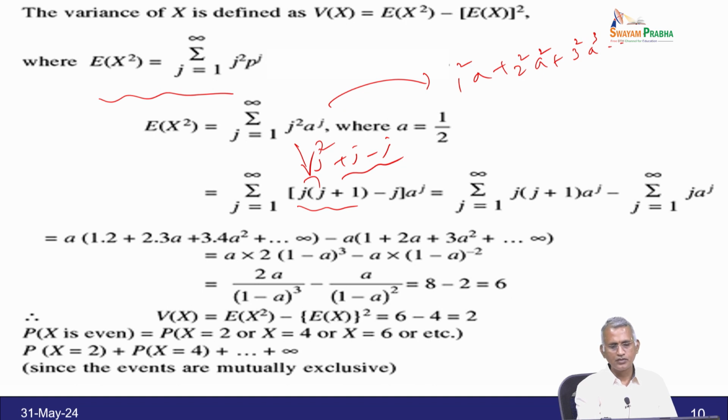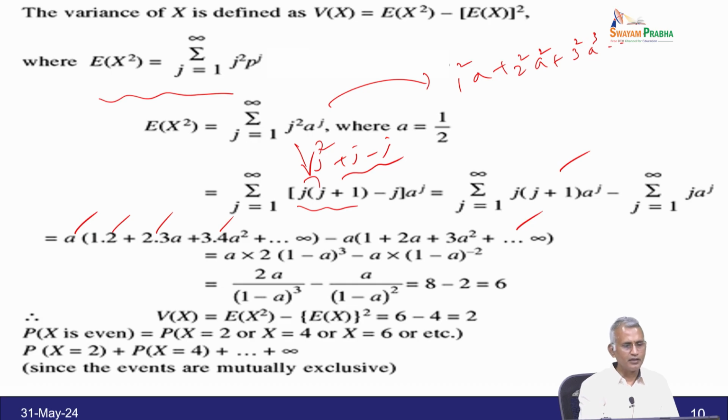So, this reduces to j into j plus 1 into a power j minus j into a power j. Now, when j varies from 1 to infinity, then the series is nothing but a is common, and then we can substitute j equal to 1. So, 1 into 2, 2 into 3a, 3 into 4a square and so on to infinity. Next term, a into 1 plus 2a plus 3a square and so on to infinity.